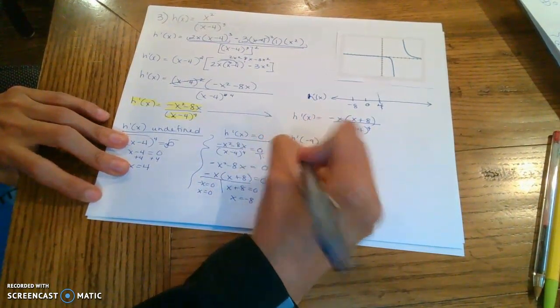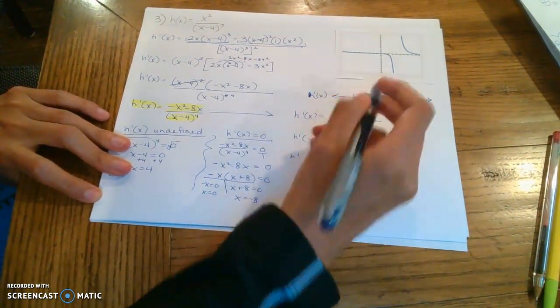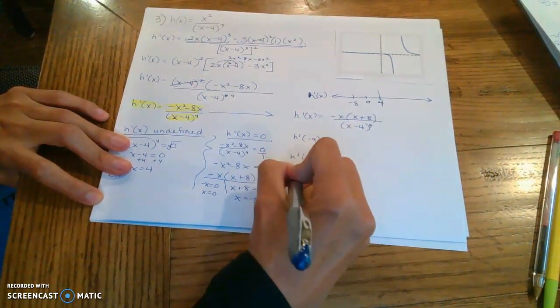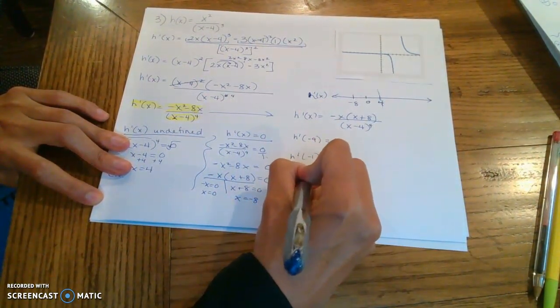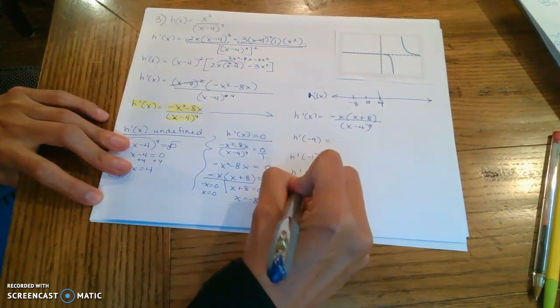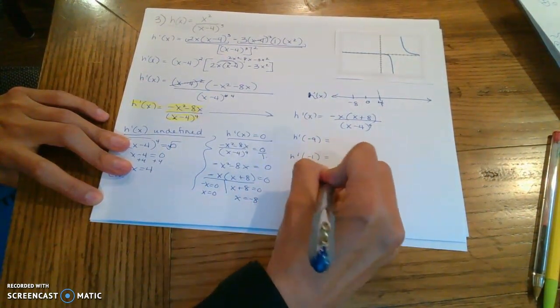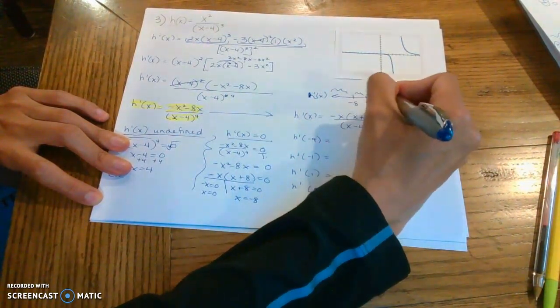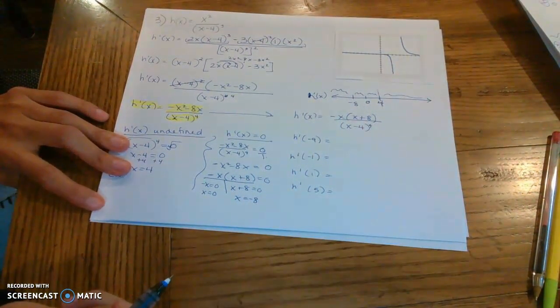H prime of negative 1, because I'm going to pick a number there. And I'm going to pick a number at h prime of 1 and h prime of 5. That's going to take care of all these sections. I got 1, 2, 3, 4 sections to decide signs.